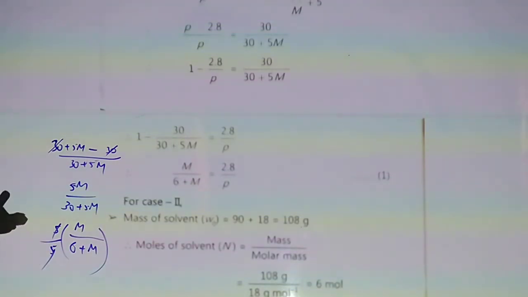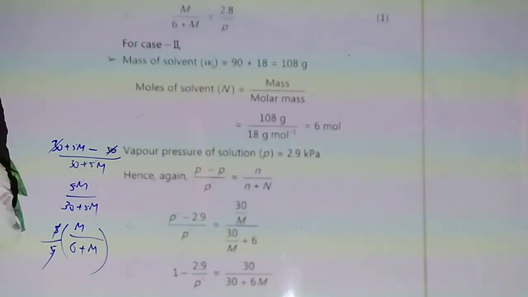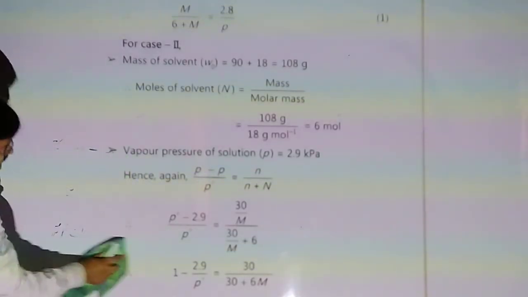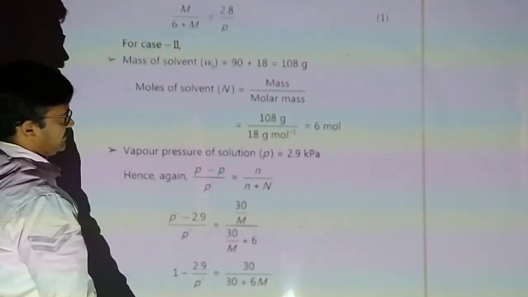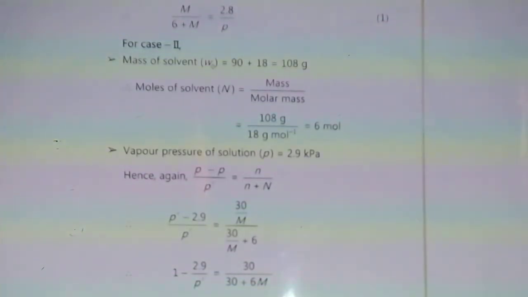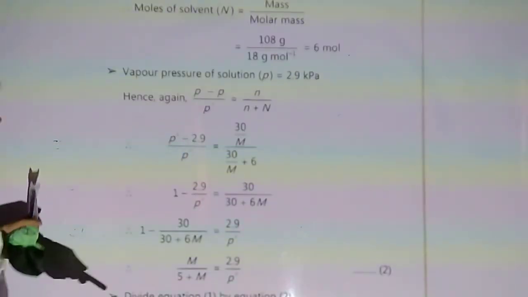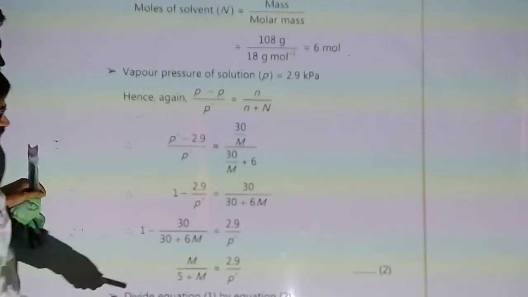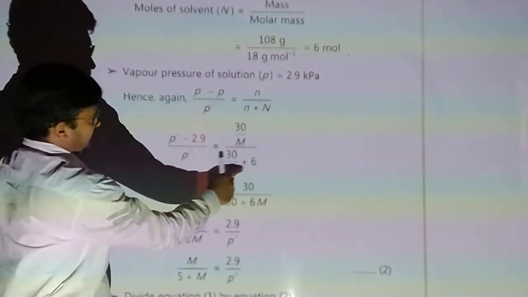Equation 1. In the case number 2, mass of solvent 90 plus 18. So mole of solvent, mass upon molar mass, 6 mole. Vapor pressure is 2.9 now after adding 18 gram. So P degree minus 2.9 upon P degree equals 30 by M upon 30 by M plus 6.